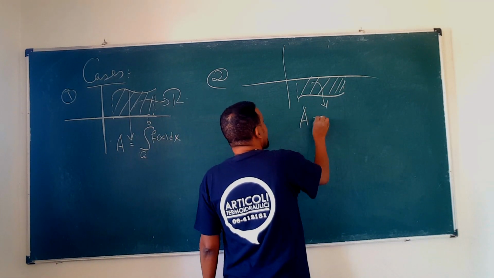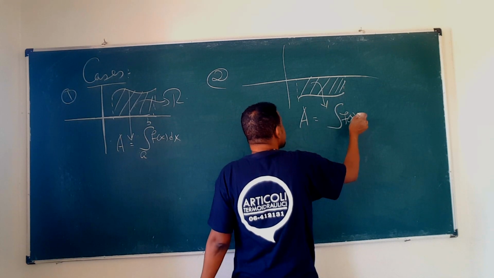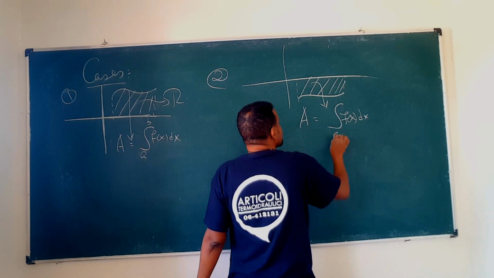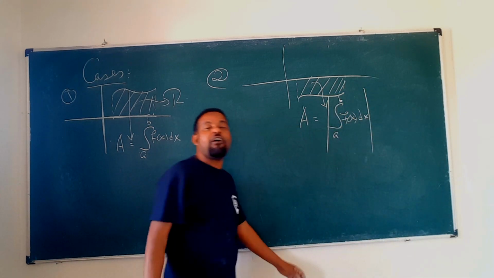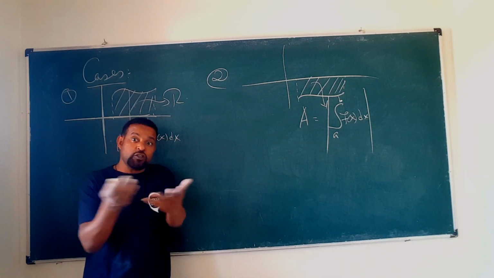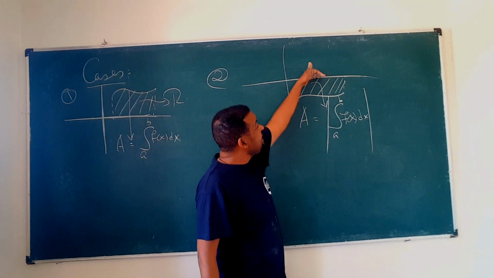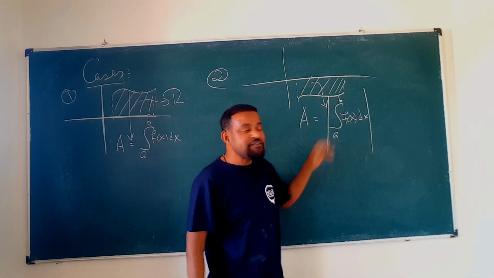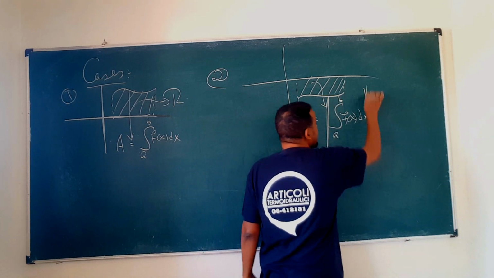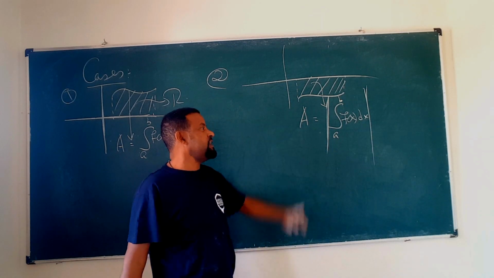So the area is the definite integral of f of x dx from a to b, but since it is negative, you just take the absolute value of that definite integral, because area is always positive. So in case the region is below the x-axis, the definite integral comes out negative, and then you just take the positive value of that definite integral.